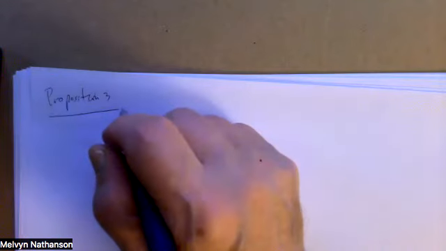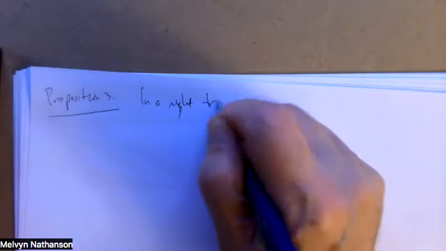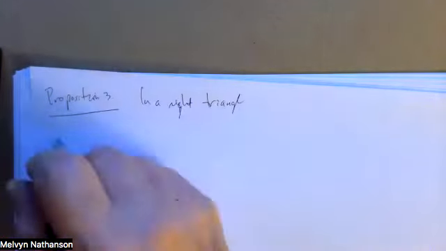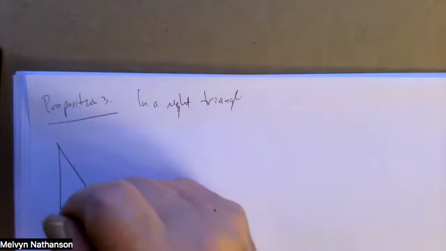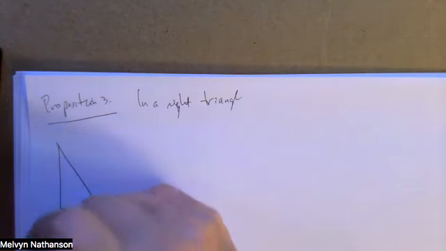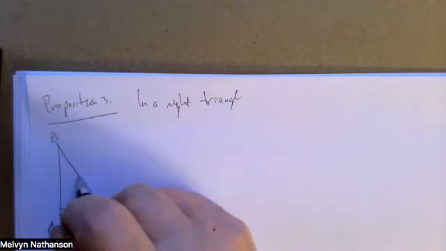In a right triangle, so this is a right triangle. Label the vertices A, B, and C. Here's the hypotenuse.